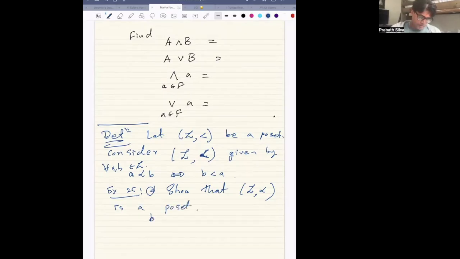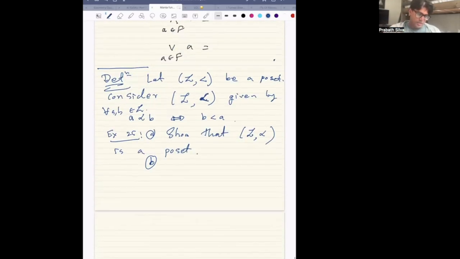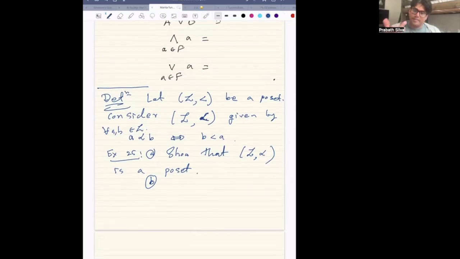And it's fun to show that the supremums and infimums are switched. Let F be a subset of L.